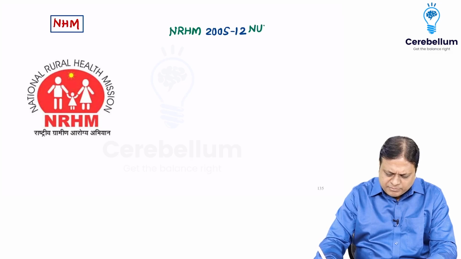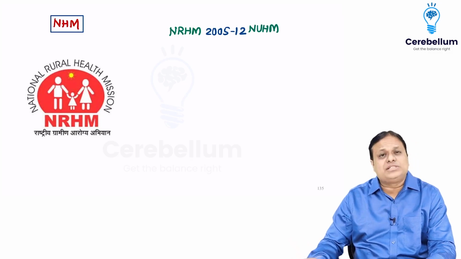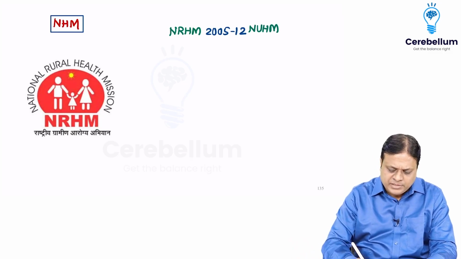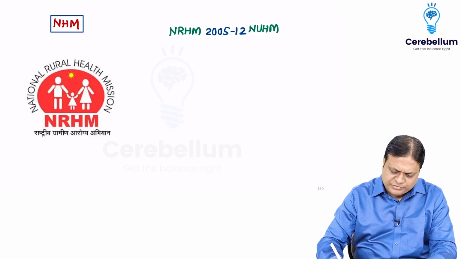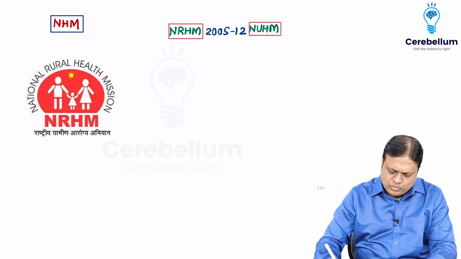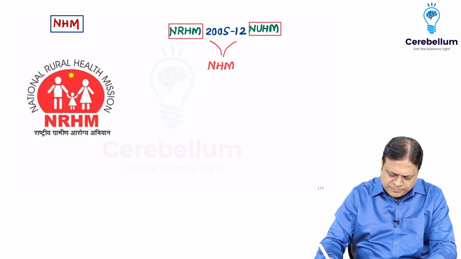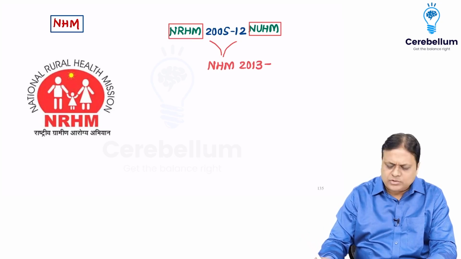At the same time, National Urban Health Mission was launched in the country. Now, after that, both of them were combined to give rise to the common program National Health Mission from 2013 onwards.